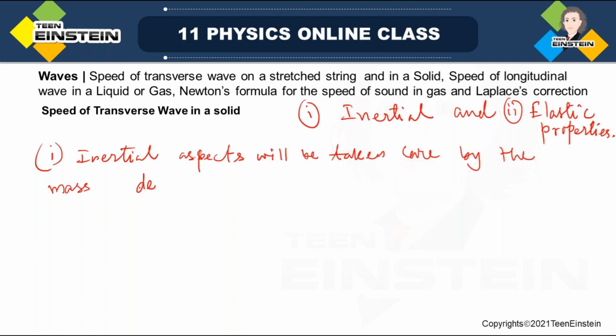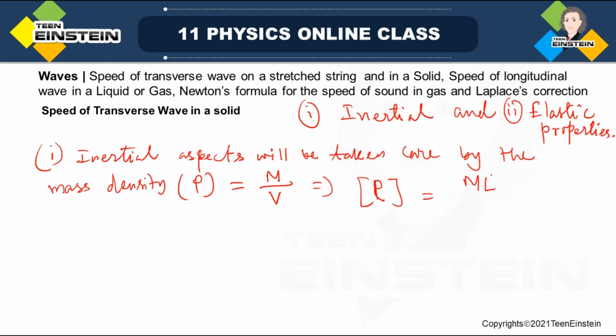This means it is actually the volume density, not the length or surface density. So this is the mass density rho, that is m by v. So what is the dimension? The dimension of rho is m L to the power minus 3. So this is the dimension of the density.